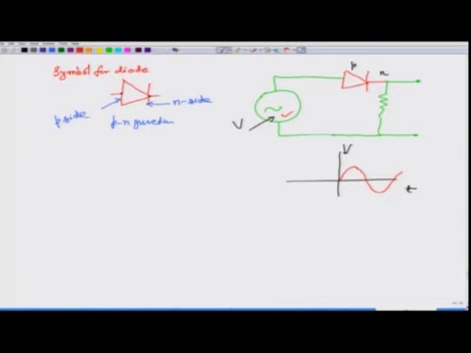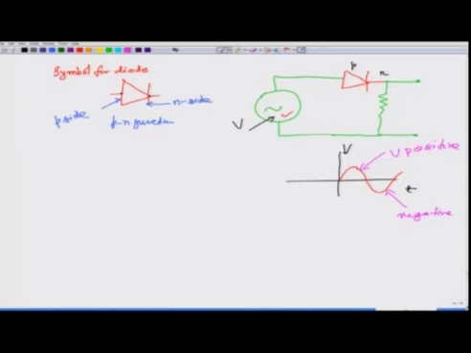But it is changing signs, so V is positive here, this side is positive and this side is negative. Half the time it is positive, half the time it is negative.